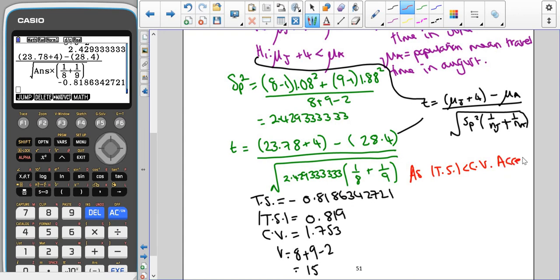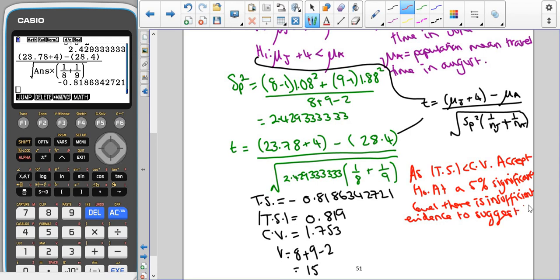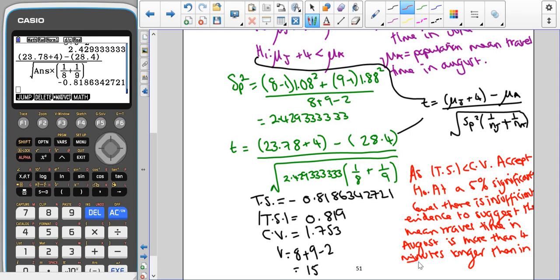So that means as this time the size of our test statistic is smaller than the critical value, we end up accepting H0 at a 5% significance level. There is insufficient evidence to suggest the mean travel time in August is more than 4 minutes longer than in June.